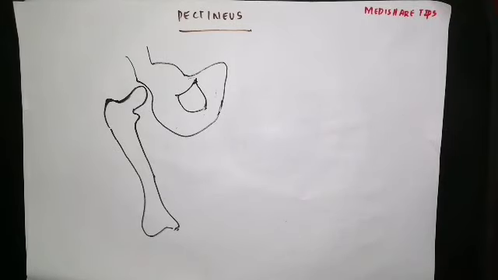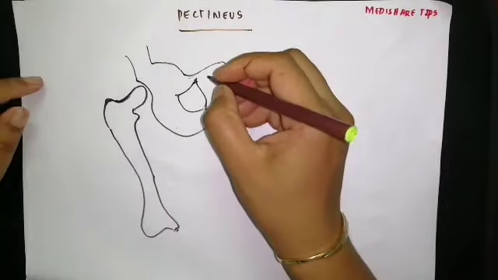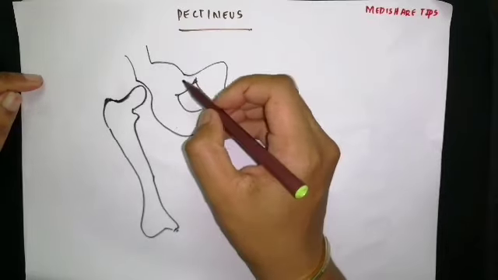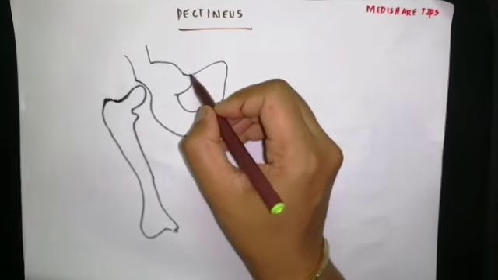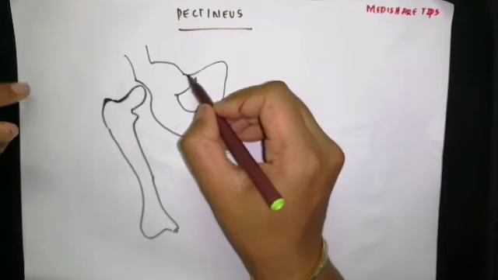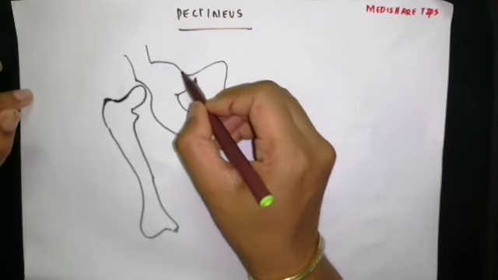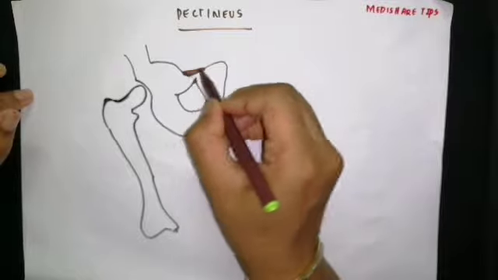This pectineus muscle originates from the pectineal surface, that is the pecten pubis and the pectineal surface of the superior ramus of pubis. So it is originating from this part. This is the pecten pubis.